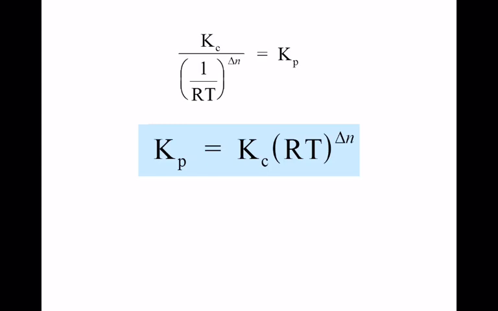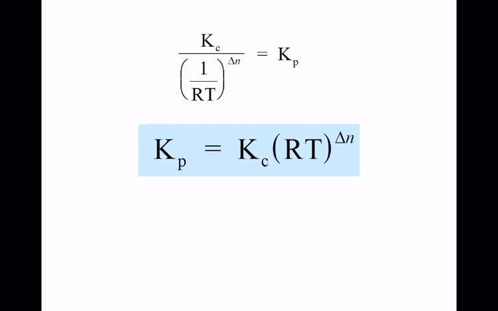I can't remember if you have an equation sheet for your Unit 3 exam or not. I'll check. So as it turns out, Kp and Kc are related to each other this way, where Kp is equal to whatever value for the equilibrium Kc is, times RT raised to the delta n. Now, if delta n is equal to 0, anything raised to the 0th power is 1.